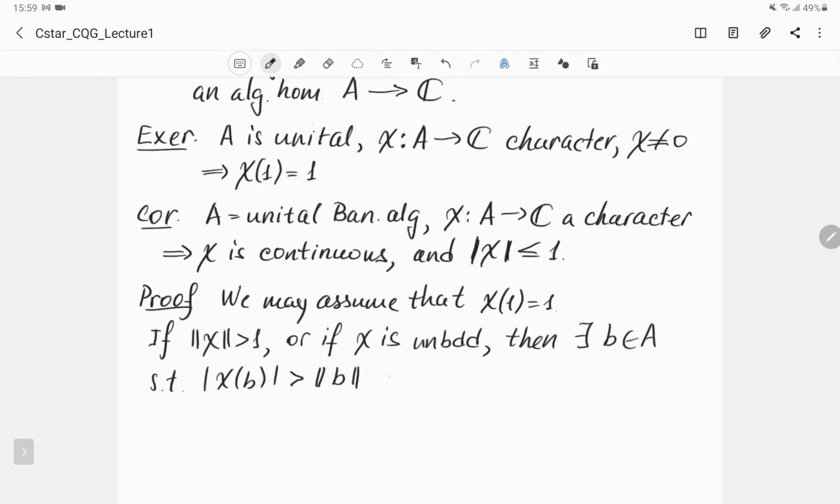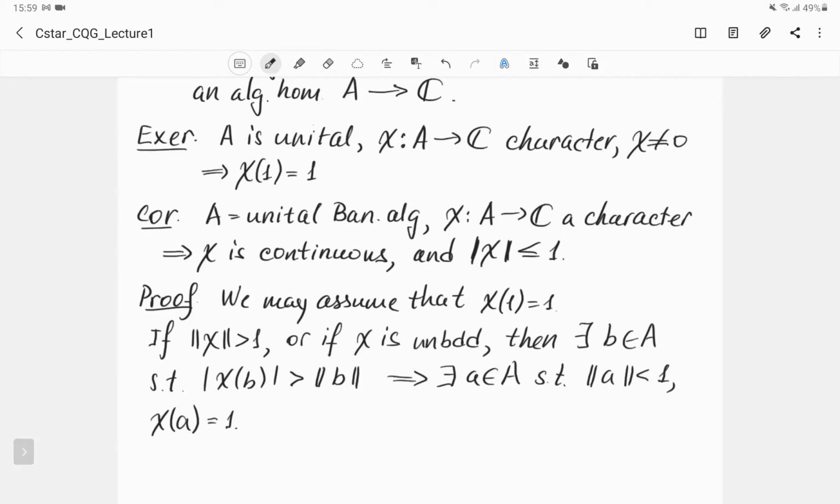And so by multiplying b by a suitable number, we find another element, little a, such that the norm of a is less than 1, and such that chi of a equals 1. Actually, a is nothing but b divided by chi of b.